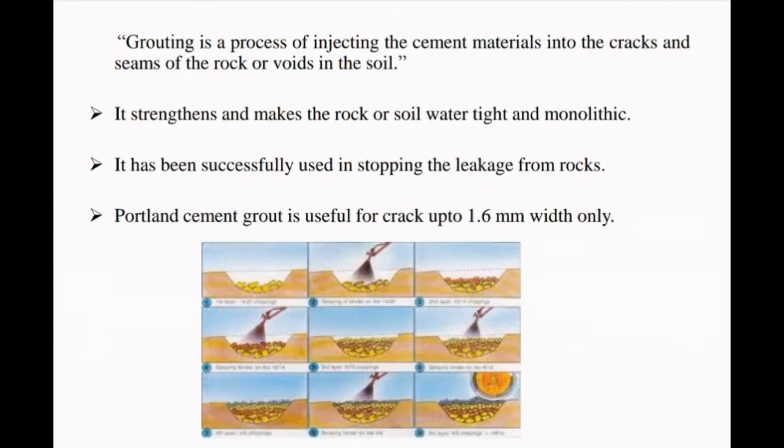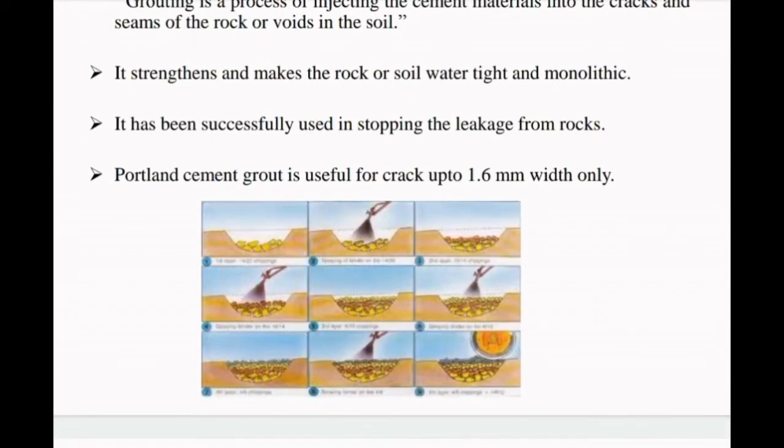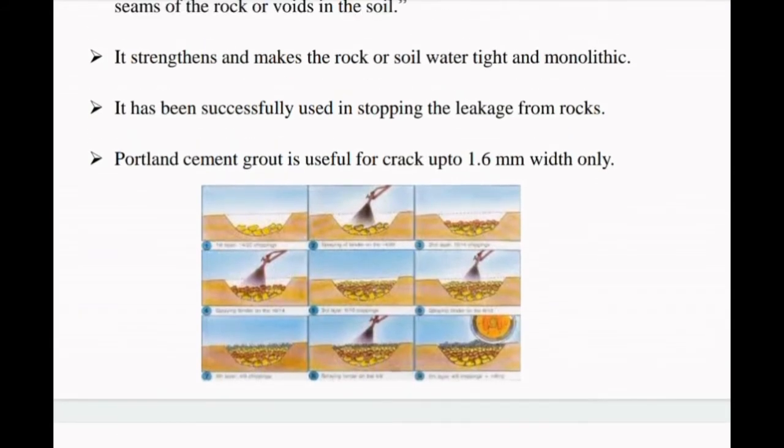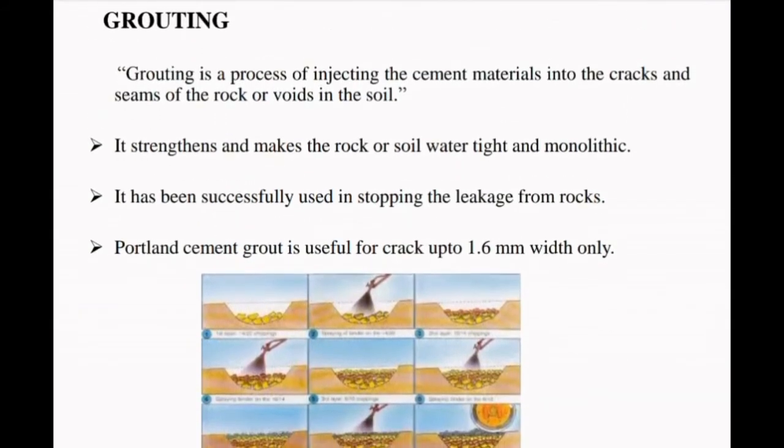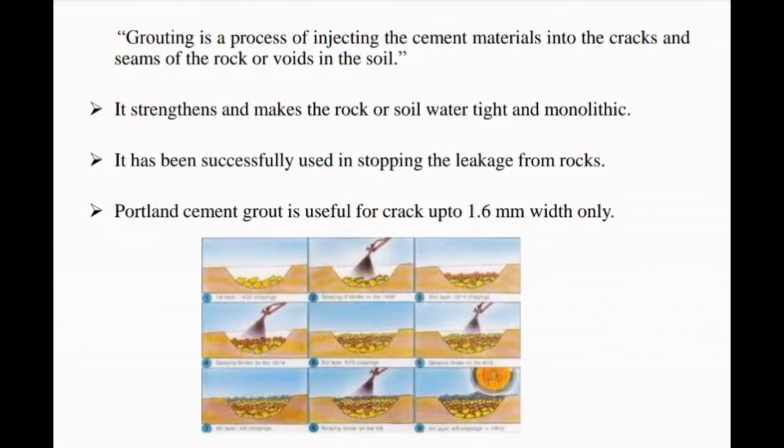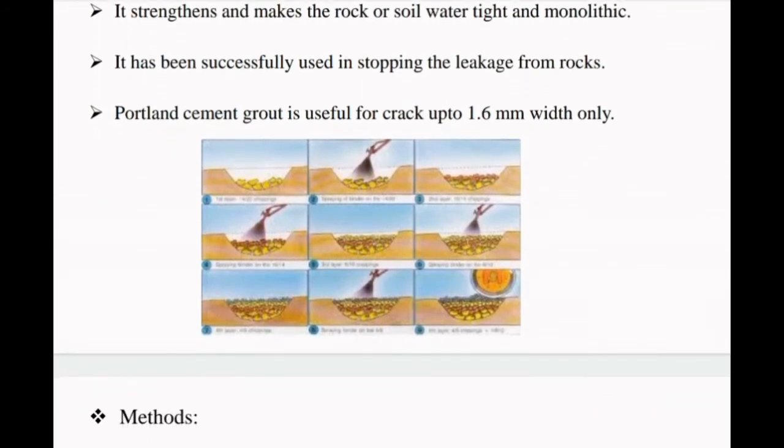Its main aim is to strengthen the rock or soil and make it watertight and monolithic, and it has been successfully used in stopping the leakage from the rocks. Usually ordinary Portland cement grout is useful for cracks up to 1.6 mm width. So this is the representation of the grouting method that is used in the rocks and the soils to fill the gaps.